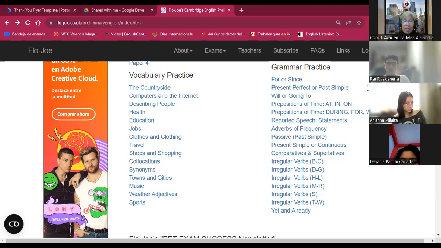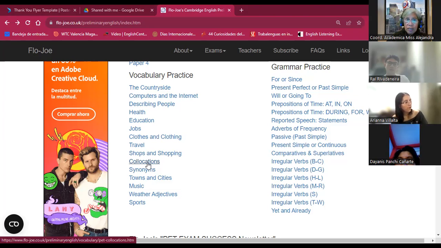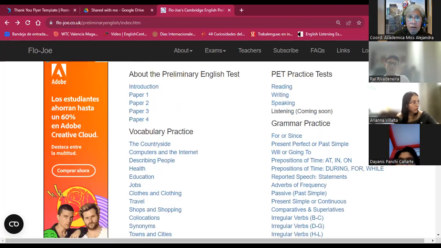To get a B1 minus, you need to manage all this, which is the hardest: collocations, because they do not translate the way you think. So this is the most important topic to understand regarding vocabulary.